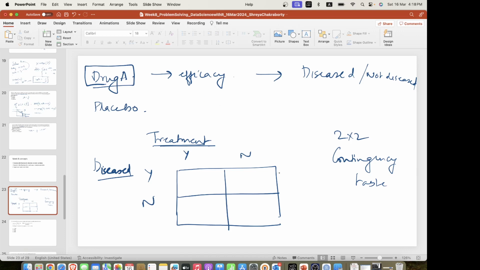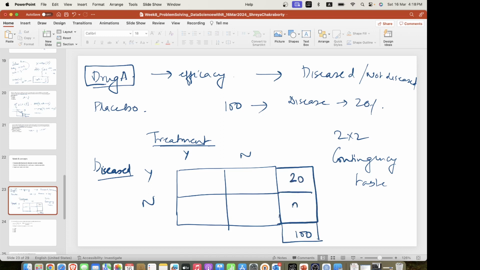So let's say I have a total of 100 individuals, and the incidence of disease is 20%, so 20% of the population is diseased. So my column would be, out of 100 total individuals, 20 diseased, so this would be 80.